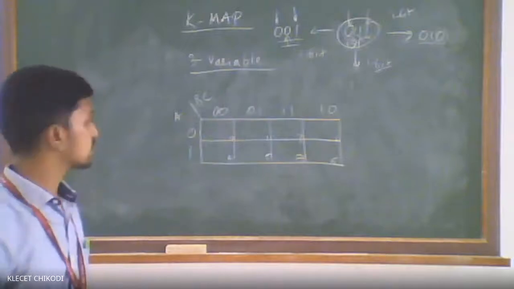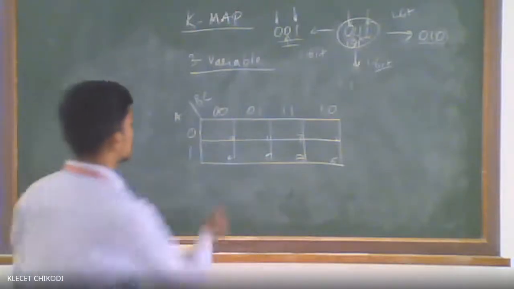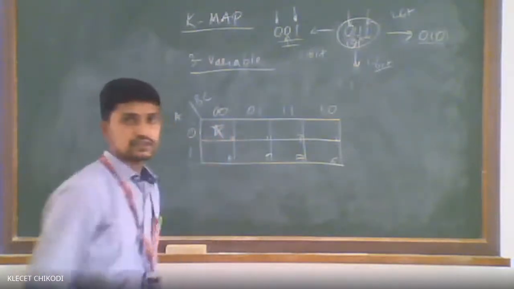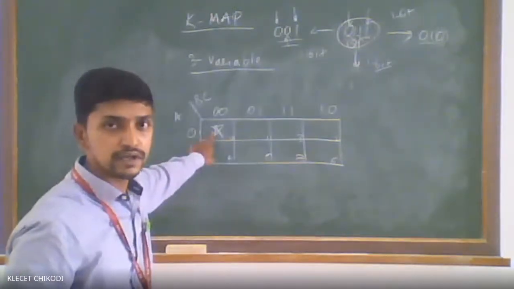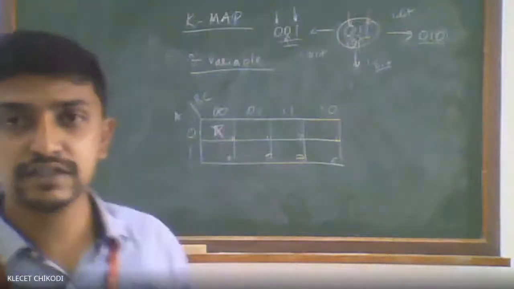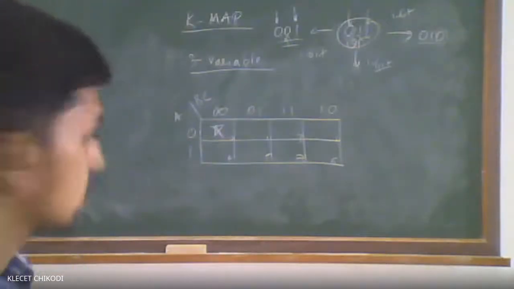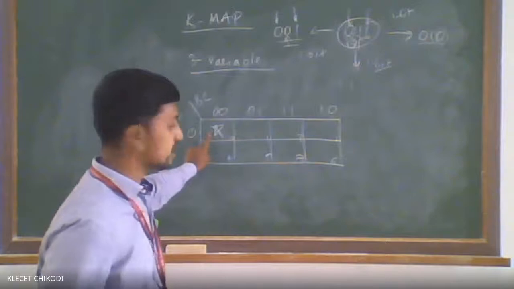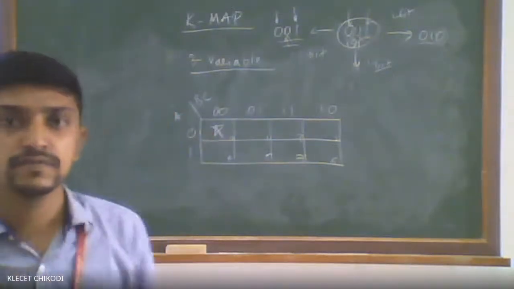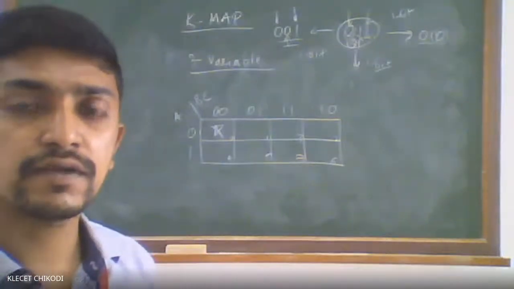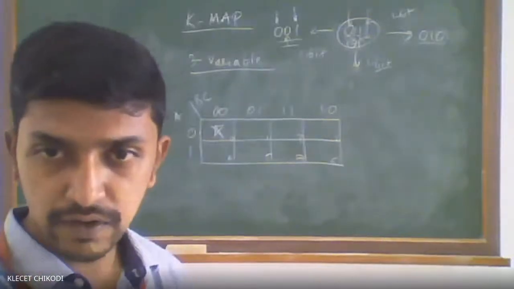Now, I am considering the 0th cell. Now, tell me what are the logically adjacent cells for the 0th cell? Put a comment there. It will be 1 and 4. Okay, many of you have written 1 and 4.